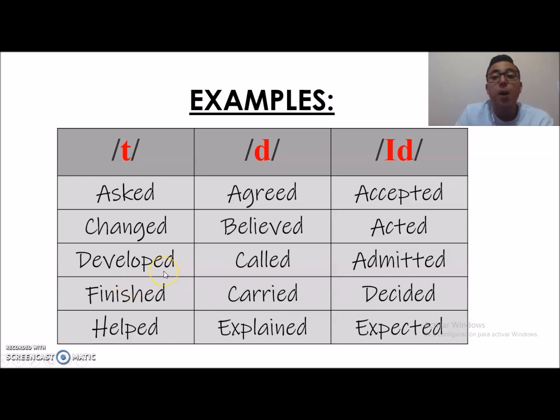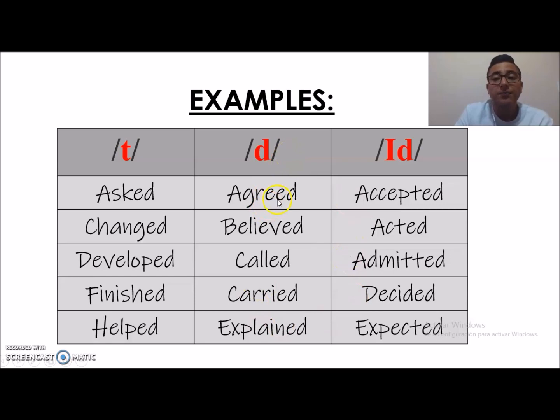Then we have develop, which ends in a voiceless sound, and then we have the ed pronounced as developed with t. Finish, same. It means that we're going to put the t, finished. And then help, again, voiceless sound. It means helped. Alright? Then I'm going to move on with the second one, which is d sound.